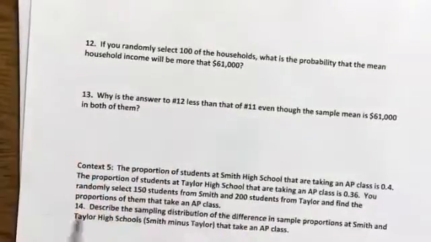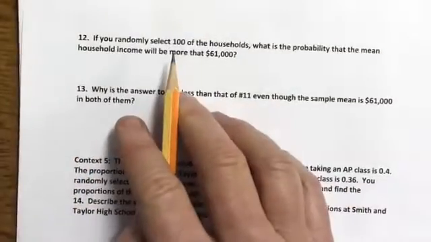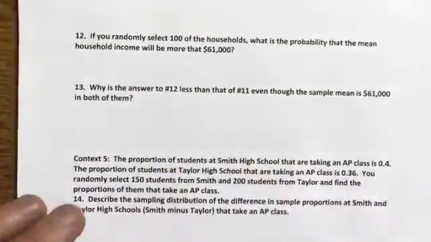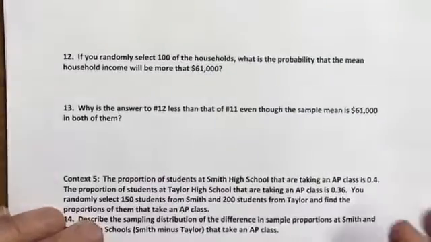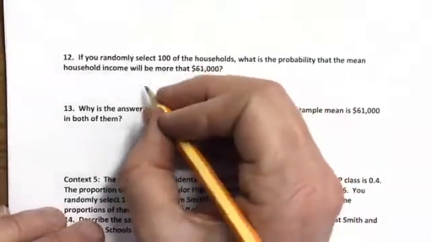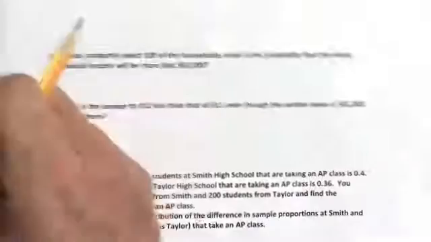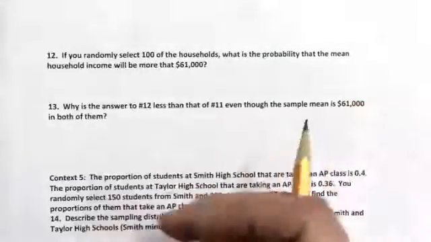But now, let's say this. If you randomly select 100 of the houses, what's the probability the mean will be greater than 61,000? Well, everything's the same, except now your sample size goes up to 100. So it was 30, now it's 100.